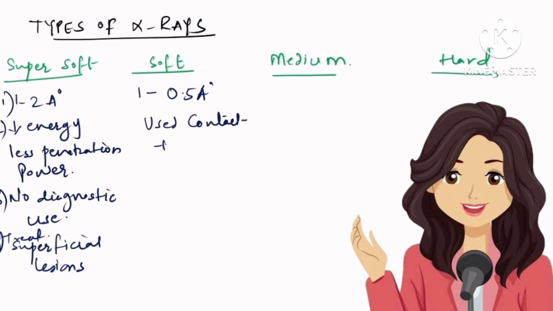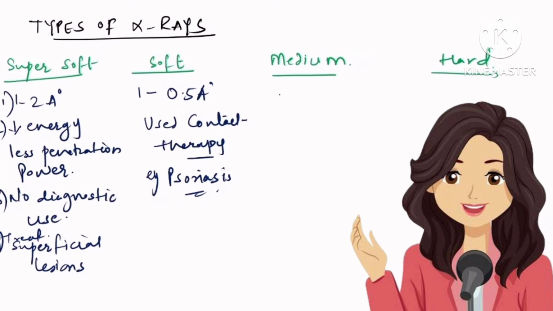What is contact therapy? Contact therapy is a type of treatment, for example used in psoriasis. Psoriasis is a dermatological condition where you get rashes on the skin. For treatment of that, you can use these soft X-rays.